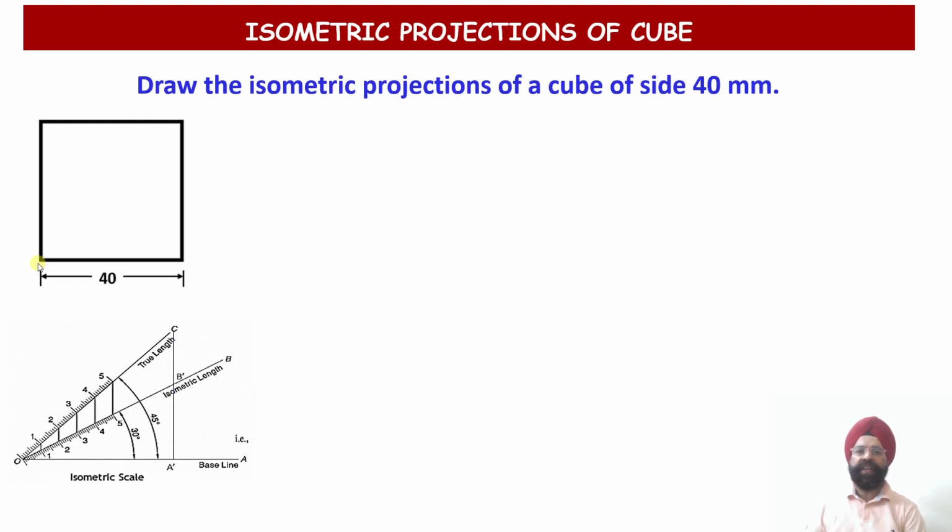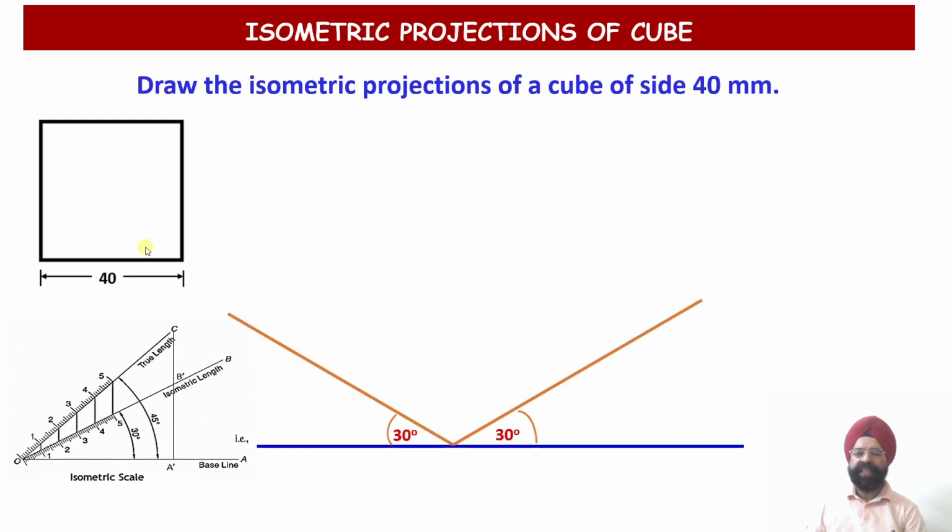All these three faces will be shown along the three isometric axes. This is our x-axis, this is our z-axis of the isometric projections. Both the x-axis and z-axis need to be constructed at an angle of 30 degrees with respect to the horizontal baseline or ground line.